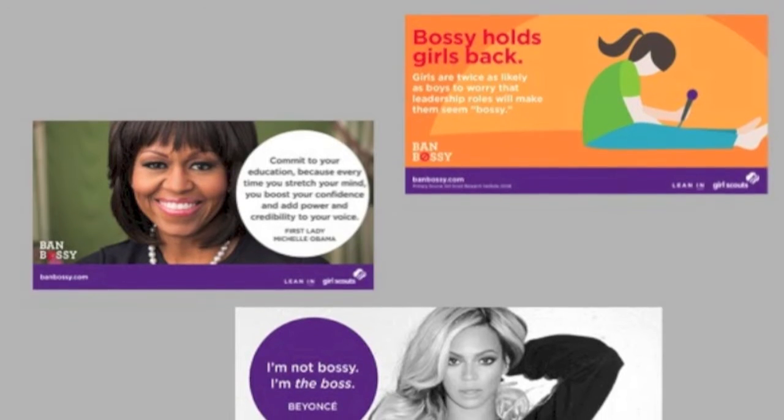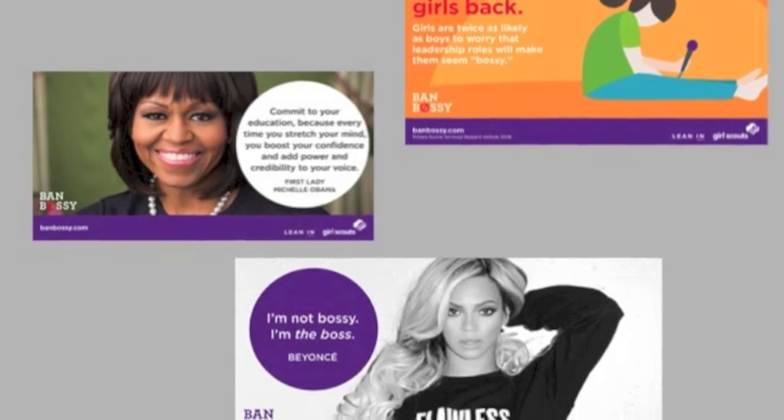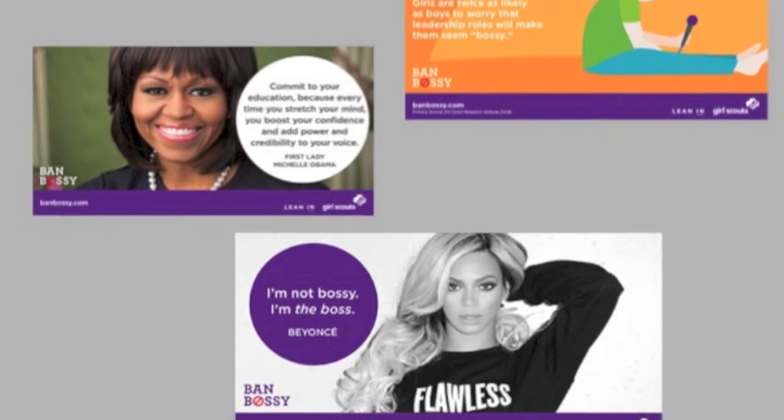Unfortunately, the same company is also selling Axe to men and reinforcing a lot of kind of nasty stereotypes. So Facebook and the Girl Scouts also got it right in their Ban Bossy campaign, where they're promoting leadership for girls, and they're using some awesome role models, including Michelle and, is that Beyonce?